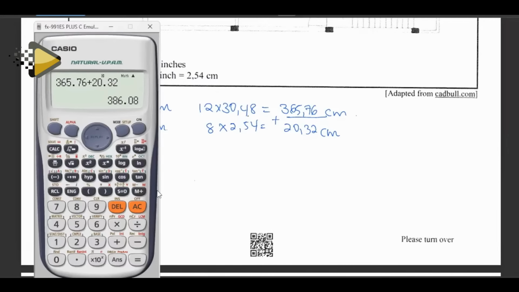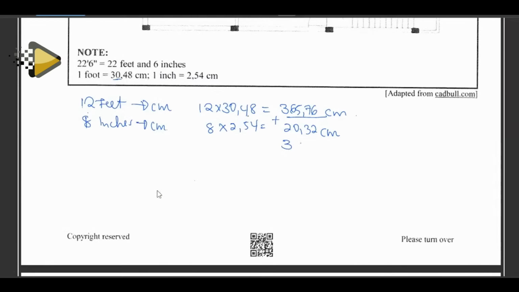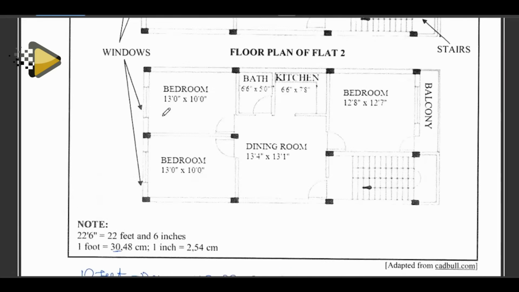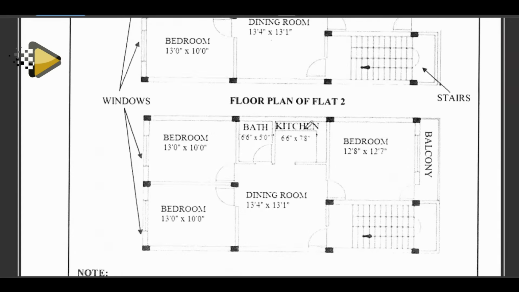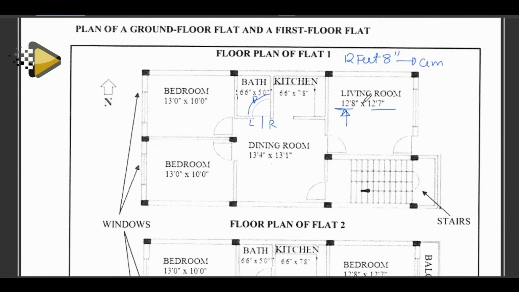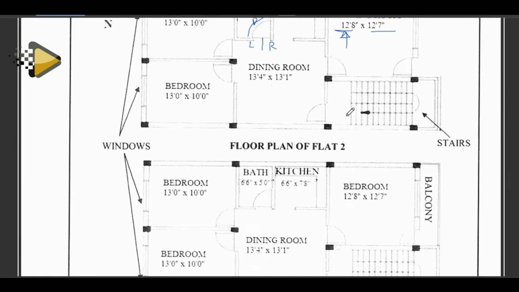The answer becomes 386.08. These are all centimeters. So this is the dimension of the longest side in centimeters of the living room. Yeah, this is the living room, not the dining room.